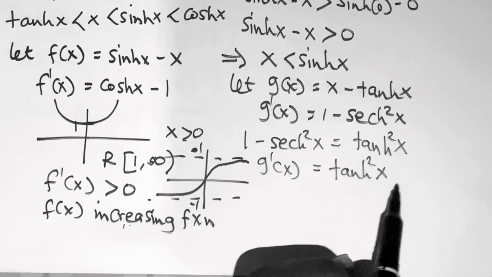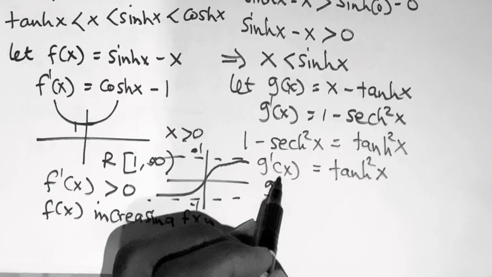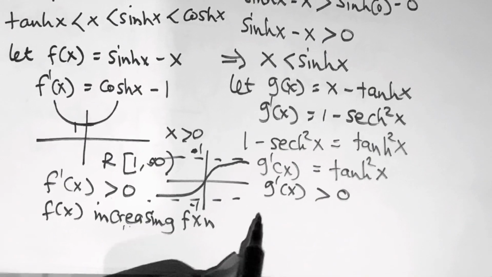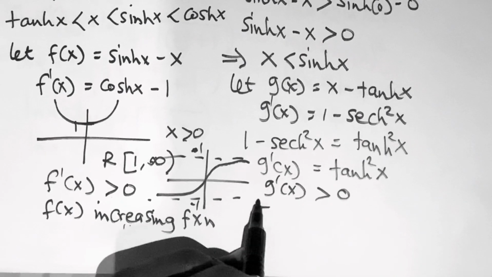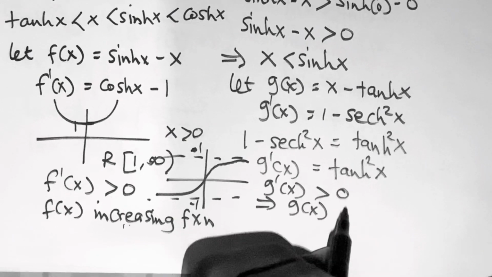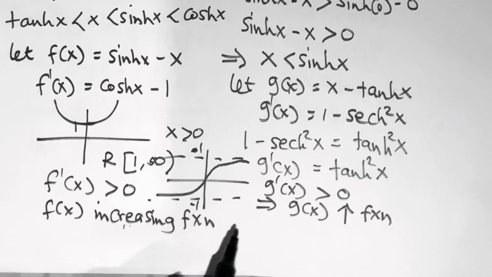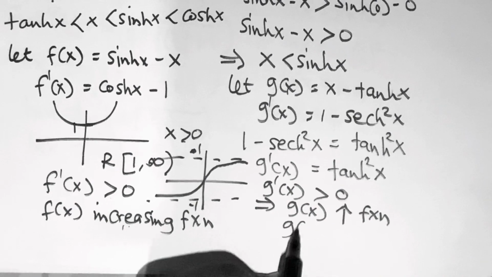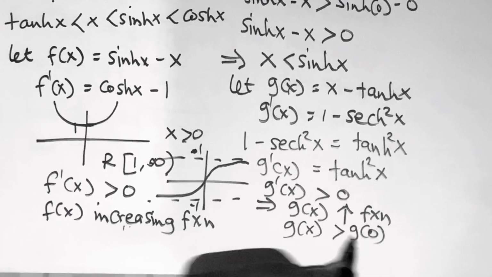So hyperbolic tan squared x is always going to throw out a positive number, and therefore g prime of x is greater than 0. So since g prime of x is greater than 0, it implies that g of x is an increasing function. Now, if g of x is an increasing function, then it also implies that g of x is greater than g of 0.